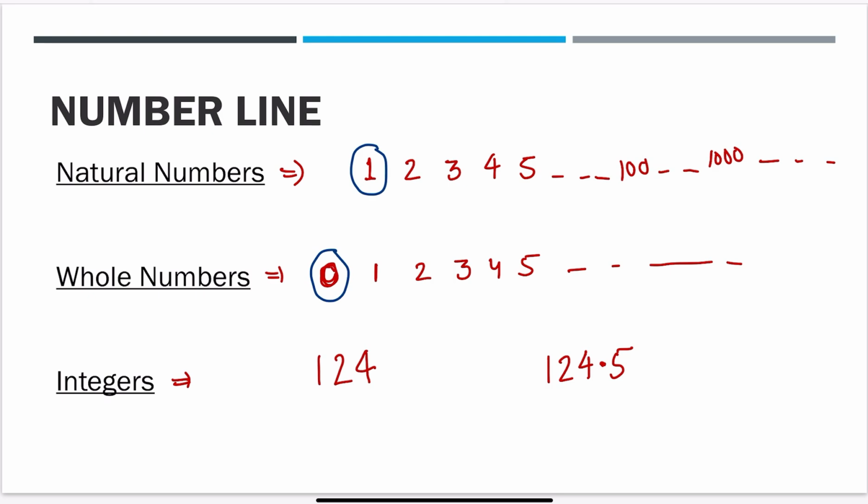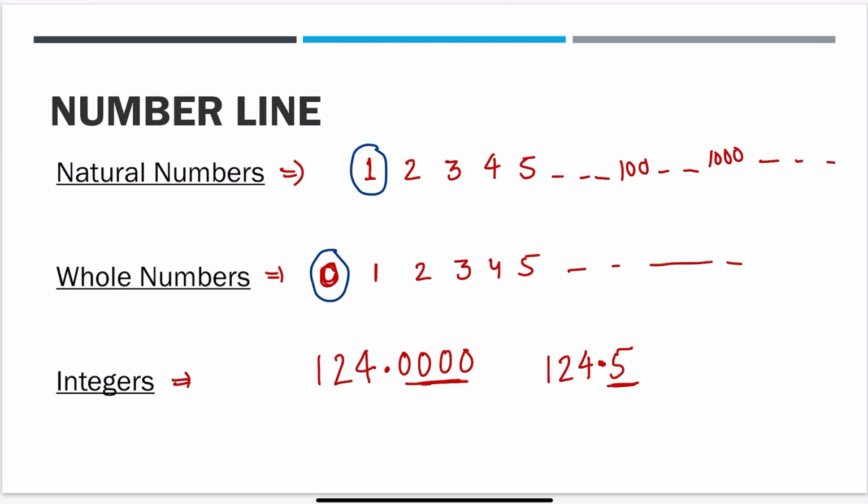Because it has a non-zero digit after the decimal. Even 124 can also be written with a decimal. 124 is equal to 124.0000 and so on. But does 124.000 contain any non-zero number after the decimal? No. So integers are simply non-decimal numbers.